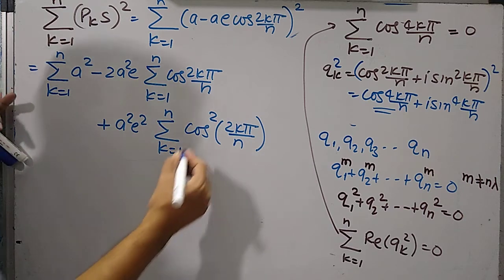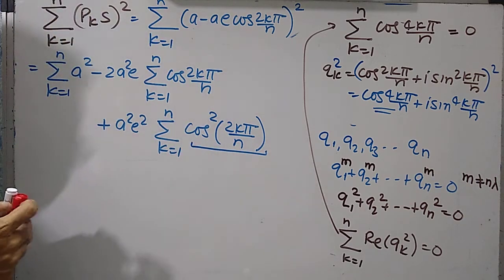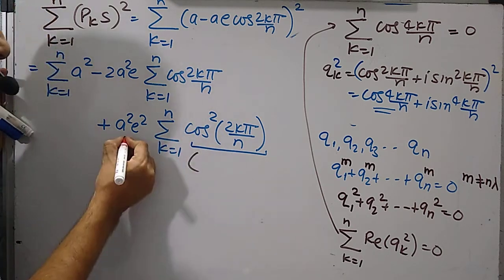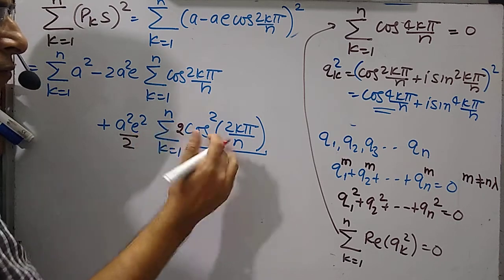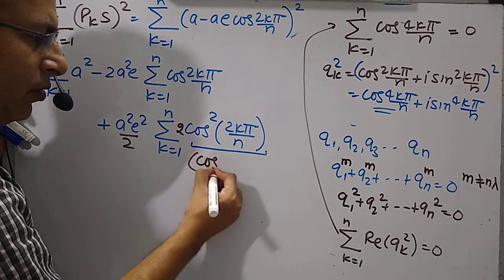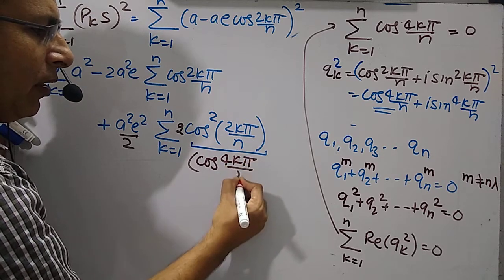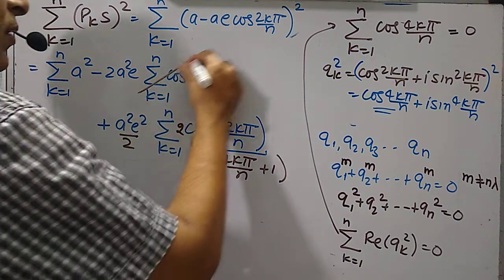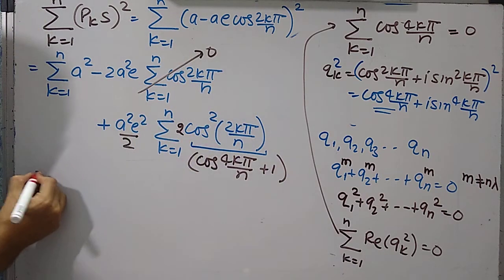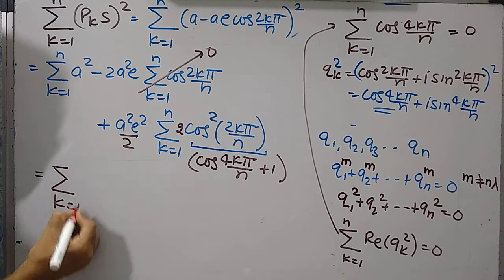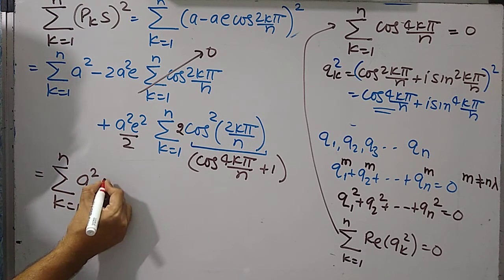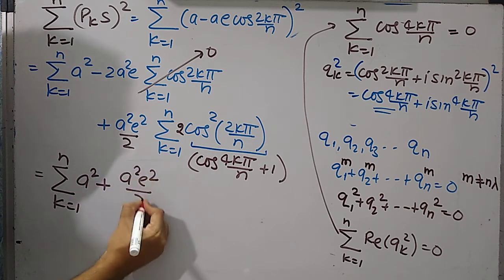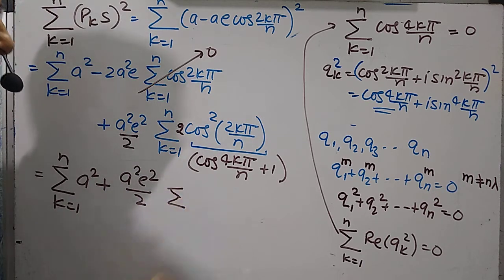So now we have cos square 2k pi upon n, which is replaced by dividing by 2 and multiplying by 2 cos square theta, and we get cos 4k pi upon n plus 1. So if you find the sum, this quantity will be 0, and now here we get sigma k equal to 1 to n of a square plus a square e square upon 2, and this is sigma of 1.